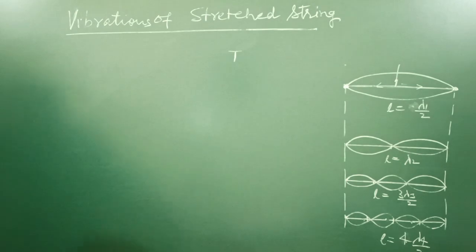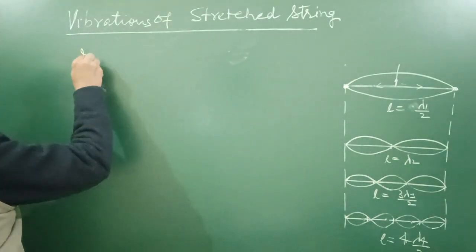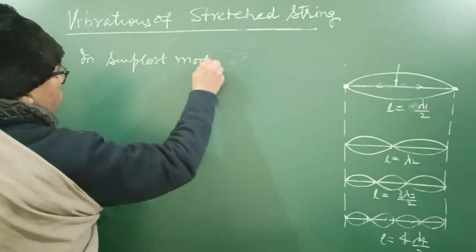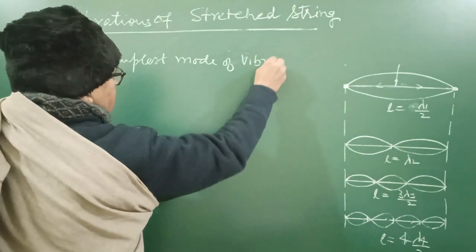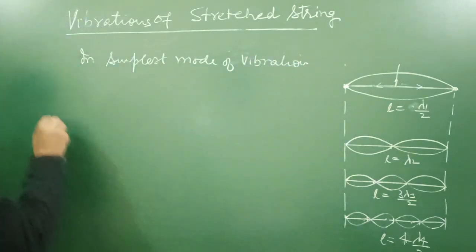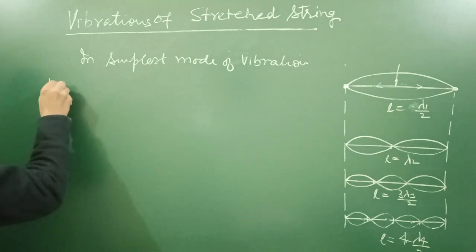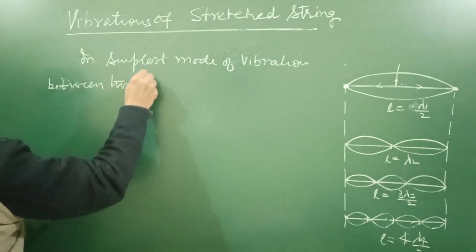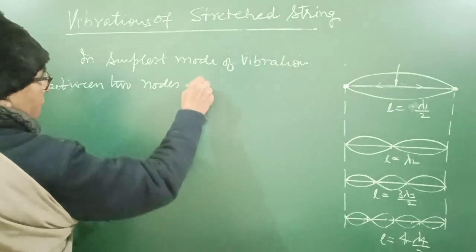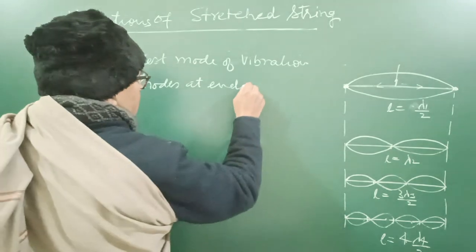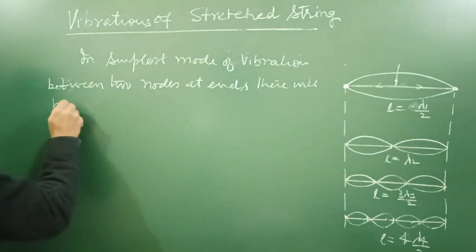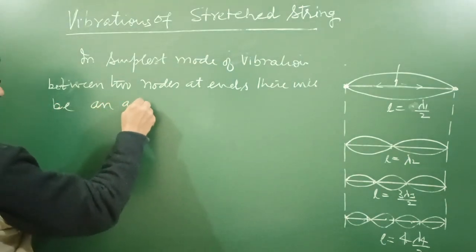Since the rigid ends act as nodes, in the simplest mode of vibration, between two nodes at the ends, there will be an antinode.